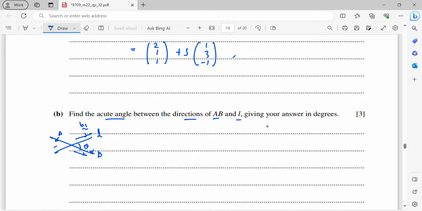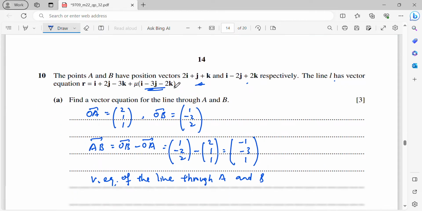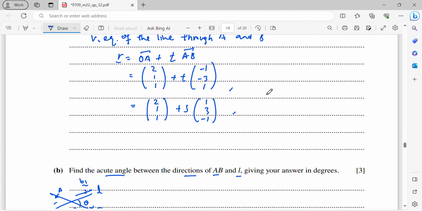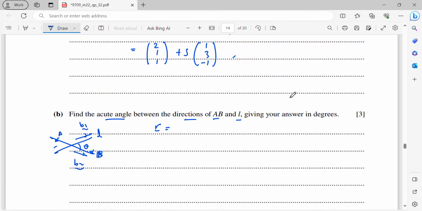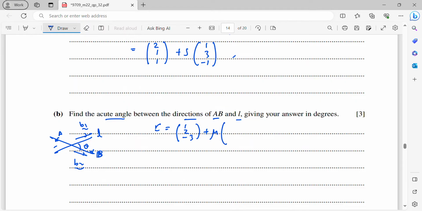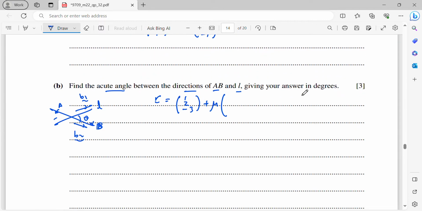For the line through A and B, we have b2. So from the line here, I let this be b1. r equals (minus 1, 2, minus 3)... okay, this is a given line. (1, 2, minus 3) plus mu (1, minus 3, minus 2). So I let that be b1.